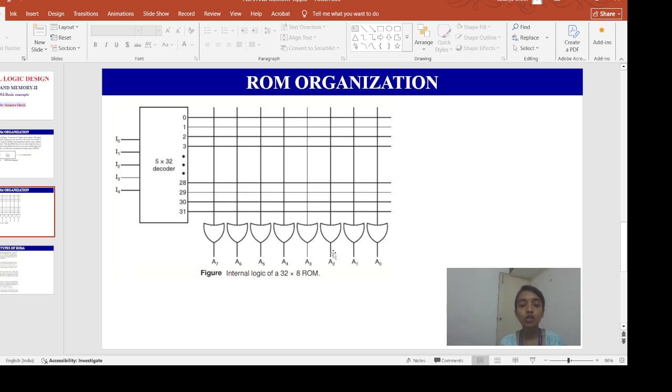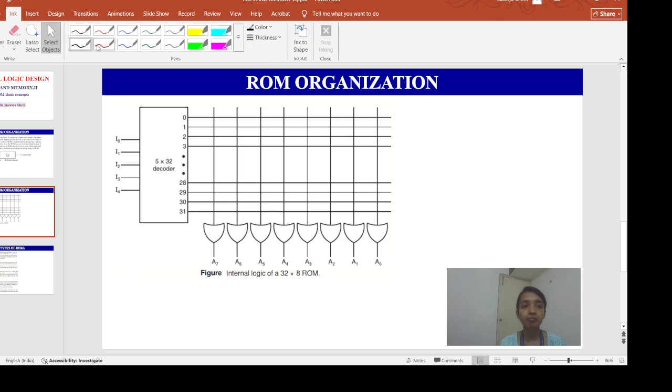Okay, in general a 2 to the power k by n ROM will have an internal k by 2 to the power k decoder and n OR gates.